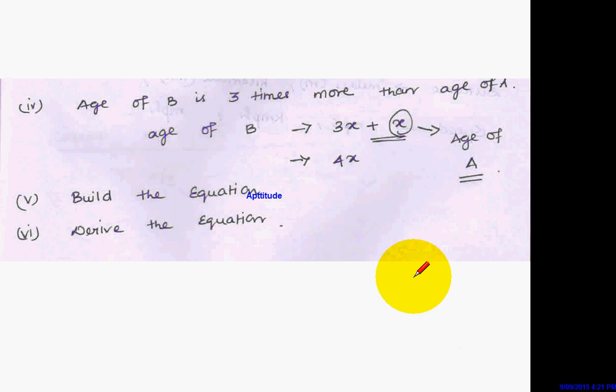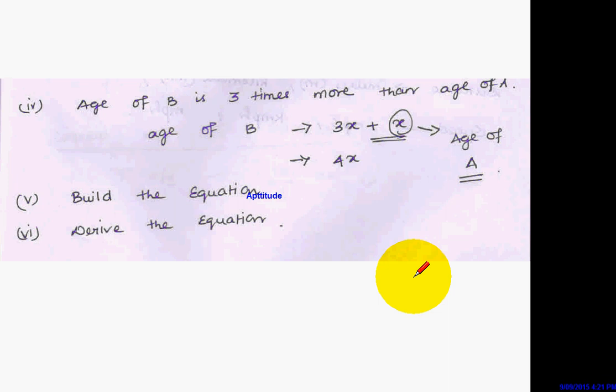But here again there is a slight variation. Please note, whenever in the problem there occurs 3 times, it is 3x. But 3 times more than the age of A, again you need to add x to that 3x, because the word more is indicated. So the age of A is X, the age of B is 3x plus x.